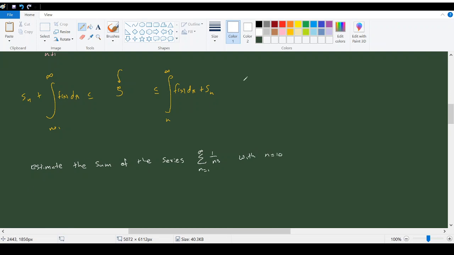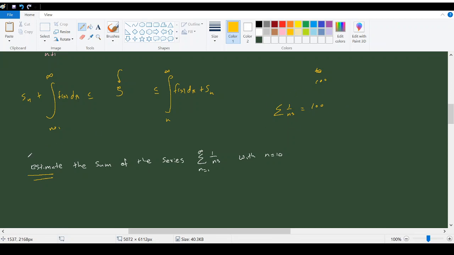right? Now here you should be familiar with these terms. Now here it says estimate, not just find the value. Finding the value means we need to find a certain value, so that if we say the value is equal to, let's say, 100, then this series should be equal to 100. That's what we call an exact answer.